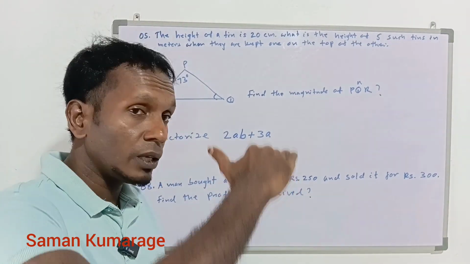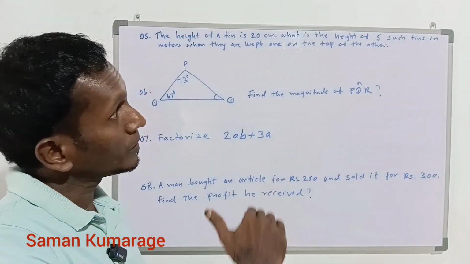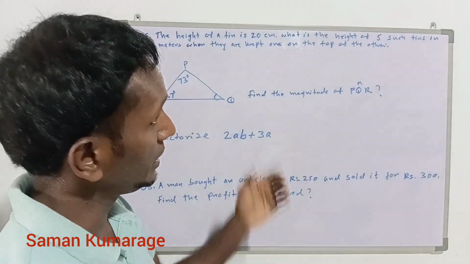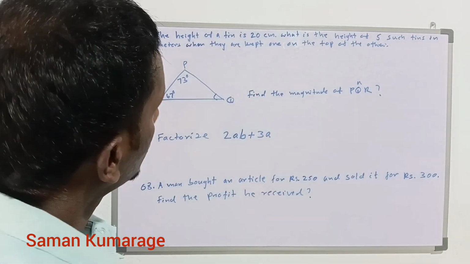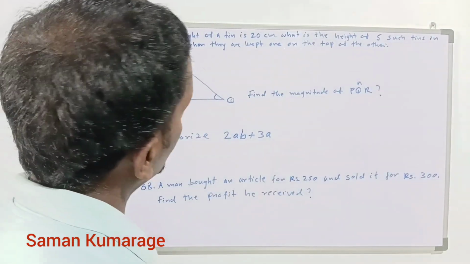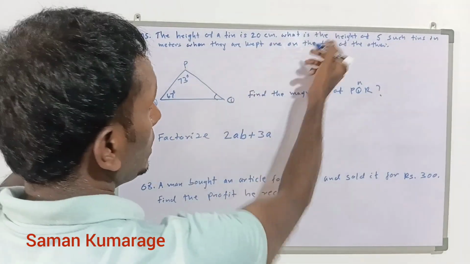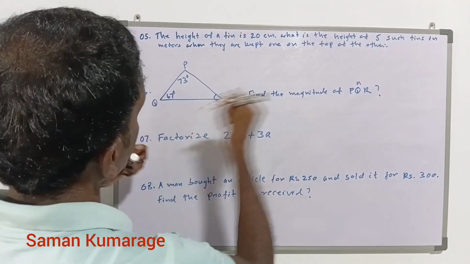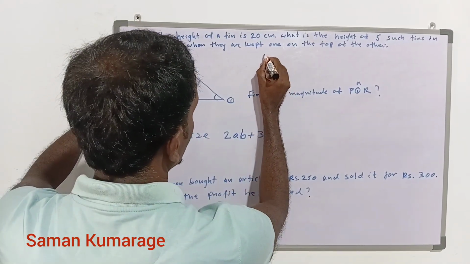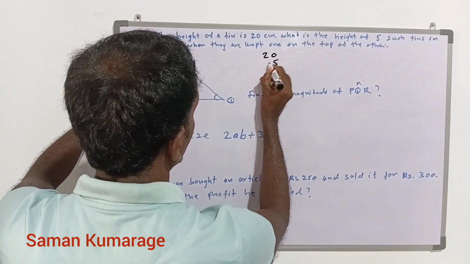If we place 5 tins one on the top of the other vertically, they are asking the total height. So for that we need to multiply 20 by 5.